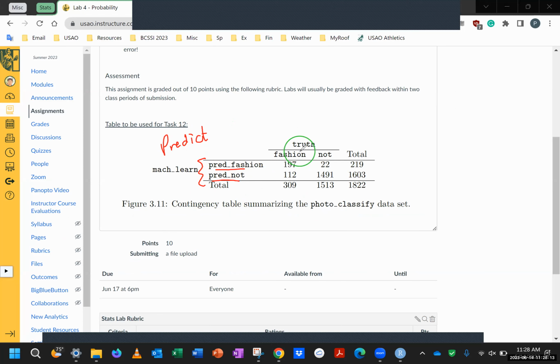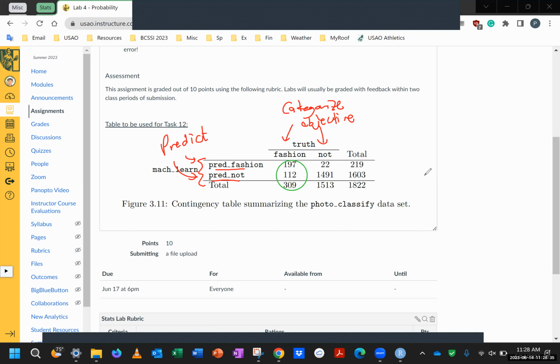Either the machine is going to predict about fashion or not, or there's a reality. We can check. We know as humans whether maybe we categorize it. The truth is something we categorize as the photo is about fashion or not. We'll say that's some kind of objective statement.